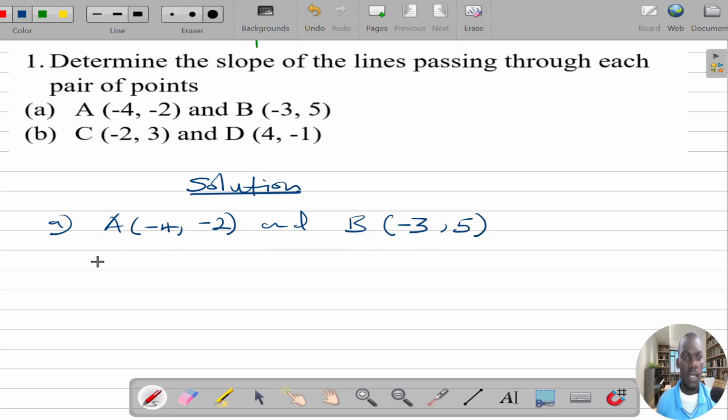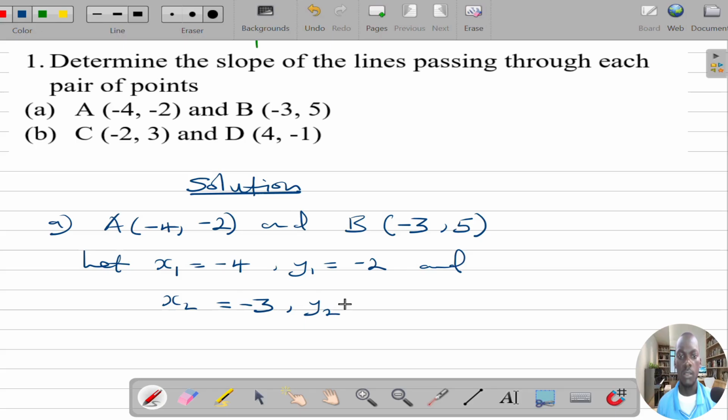From here we can let x1 equal -4. Automatically y1 becomes -2, and x2 equals -3. Automatically y2 becomes 5.